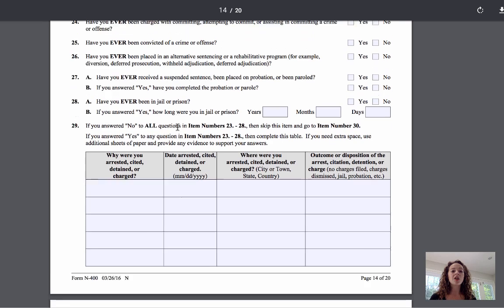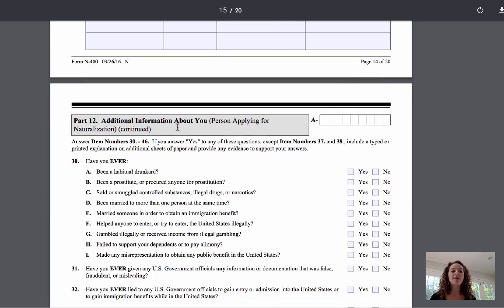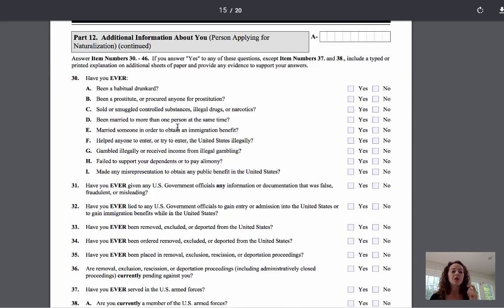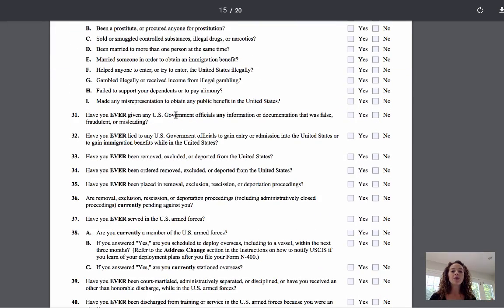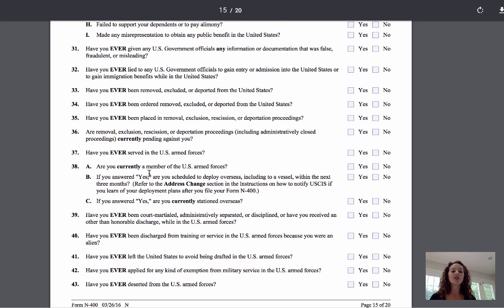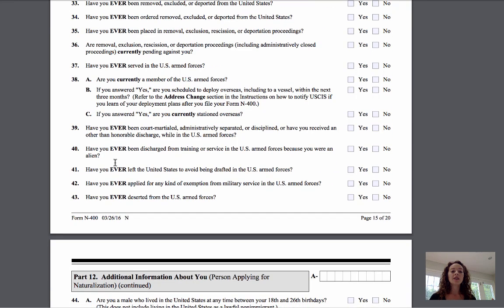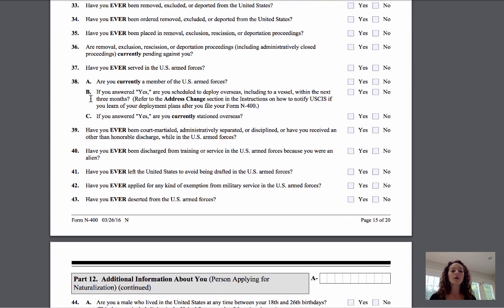I hope that makes sense. Shoot me a message below if you have any questions there, and I will try my best to find an answer for you. You're going to keep going through all of these questions very carefully, right? And again, if you have any questions about the wording of any of these, please let me know.